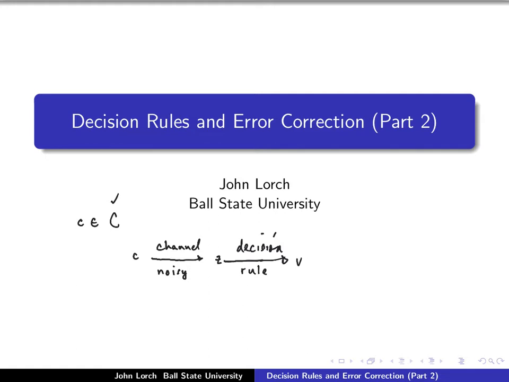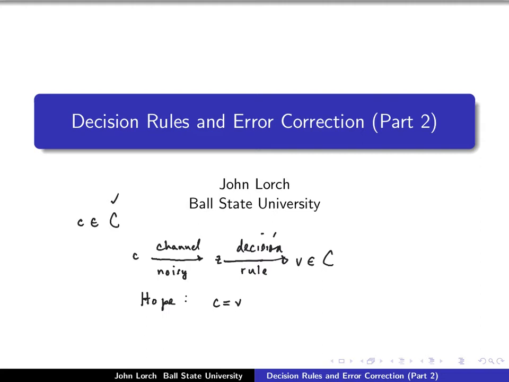So the receiver gets string Z, applies some decision rule, and obtains a code word V inside our code capital C. And what we hope is that C and V are identical. If so, then we have success. If not, then we have a mistake.